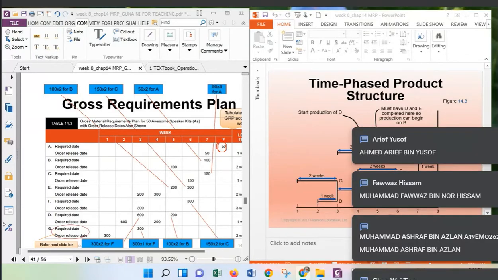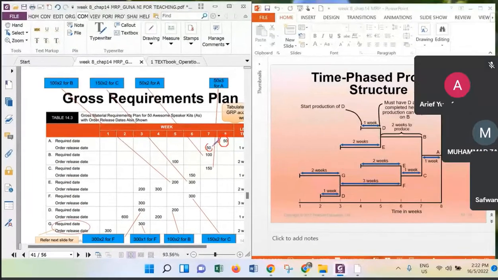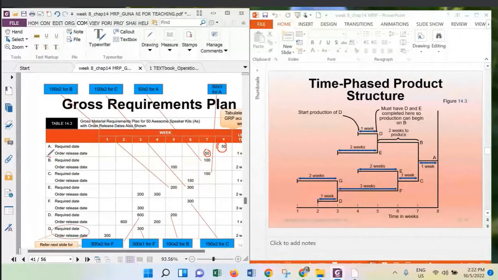Alright. 1 minggu kan? Okey. So 1 minggu. Jadi kat sini, order release date for A is on week 7. Jadi bila masa B dan C perlu disiapkan untuk kedua-dua assembly ini dipasang menjadikan dia A. Kedua-dua B dan C ini, you must get them ready on week 7.